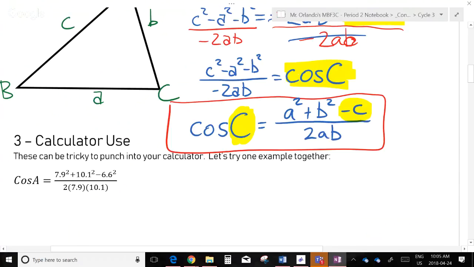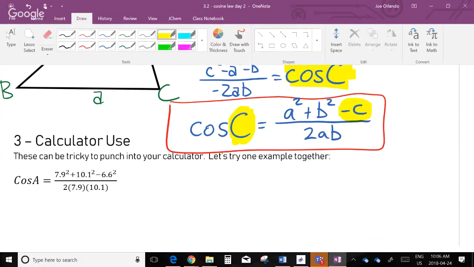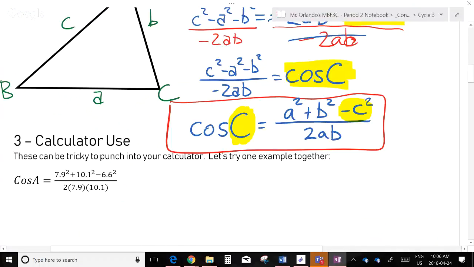So when we write a cosine law, the angle we're looking for goes here. And then it's the other side squared plus the other side squared minus the matching side, and that should also be squared. I almost neglected something big there. Make sure that is squared. Oh, thank you. I should have done that.